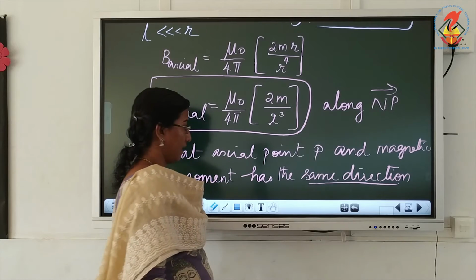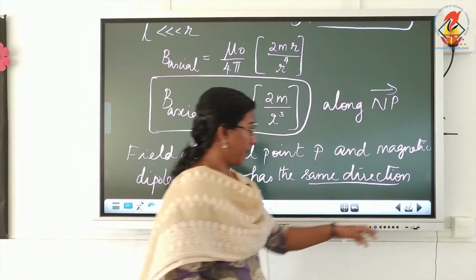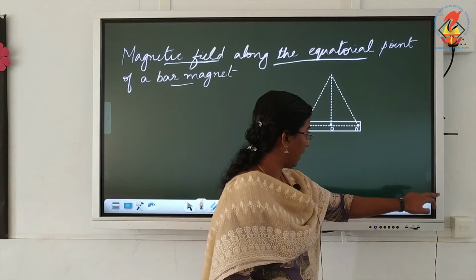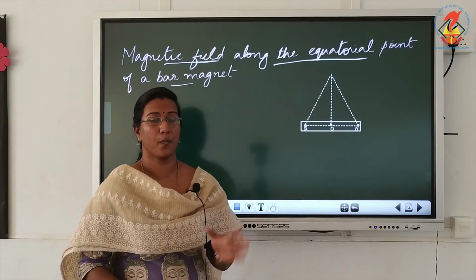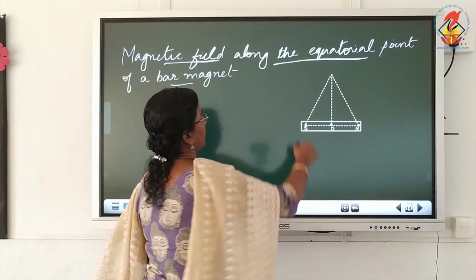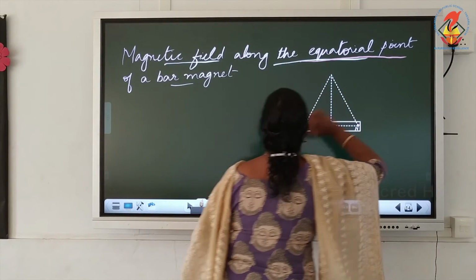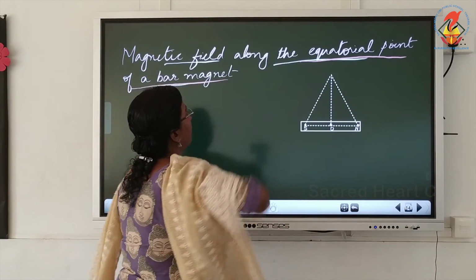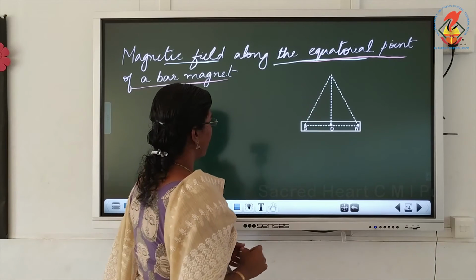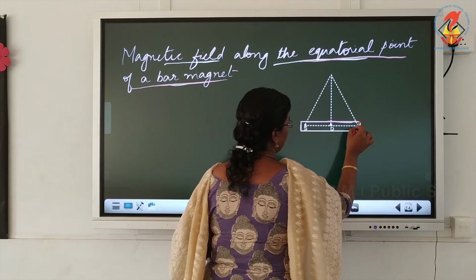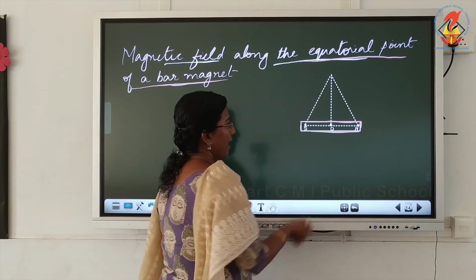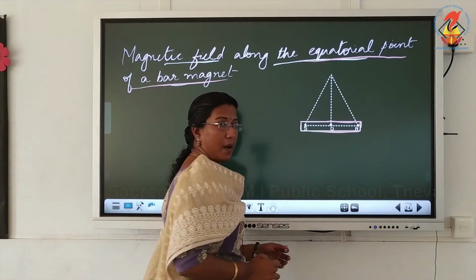Okay. Next, we are going to find out what is the magnetic field along the equatorial point of a bar magnet. So imagine this is my bar magnet, and O is the center of my bar magnet.